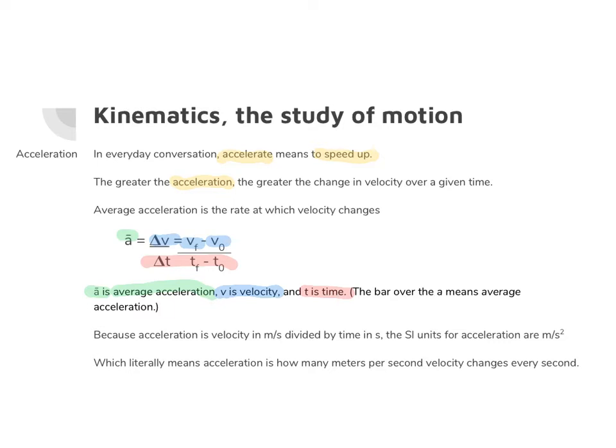Because acceleration is velocity in meters per second divided by time, which is in seconds. The SI units for acceleration are meters per second squared, which literally means acceleration is how many meters per second velocity changes every second.